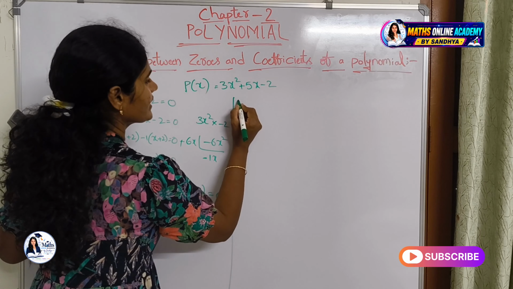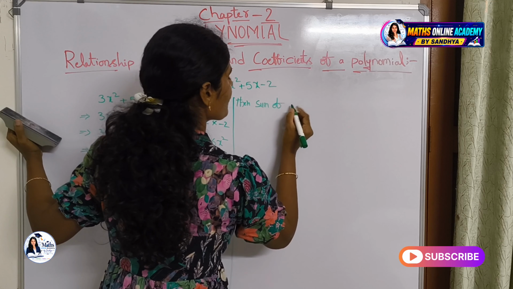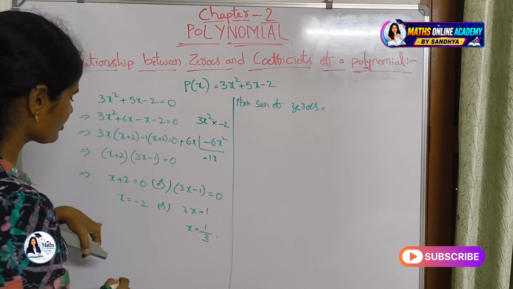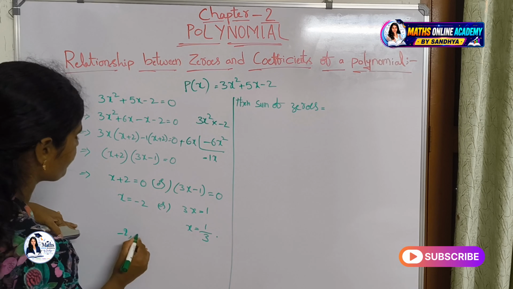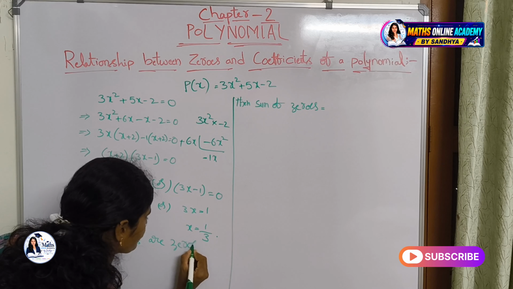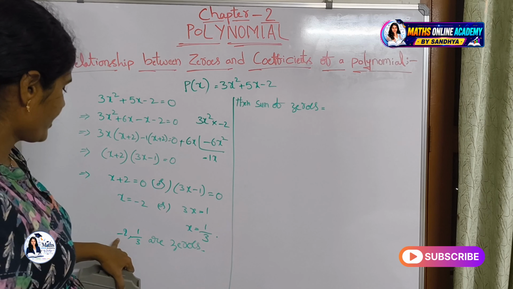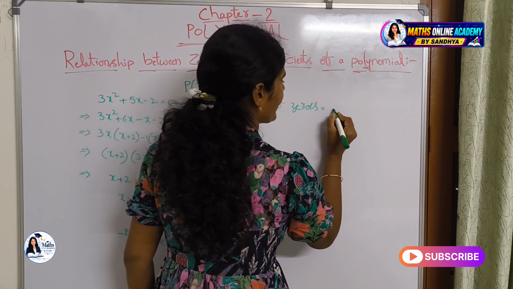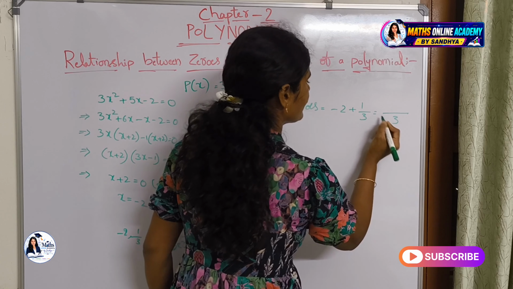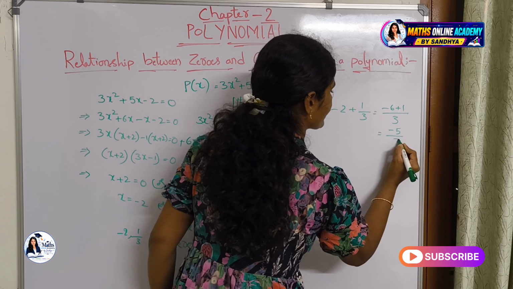So then take the sum of zeros. Sum of zeros equal to what? The zeros are minus 2 comma 1 by 3. So the sum of zeros is minus 2 plus 1 by 3. If you take 3 as the denominator, you get minus 6 plus 1, so the final answer is minus 5 by 3.